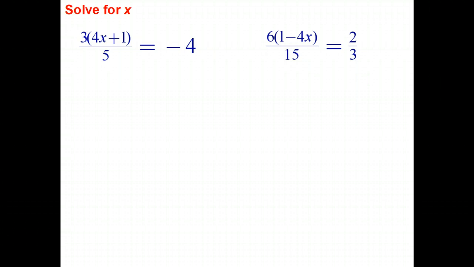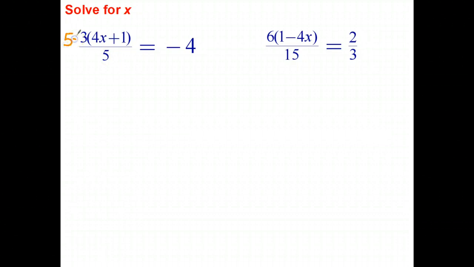Welcome back, students. We're going to start with the one on the left. As I've said in previous videos, I like to get rid of my fractions as soon as I can. I could expand out the numerator to begin with, but my preference is to undo this divide by 5. The opposite of dividing by 5 is multiplying by 5.